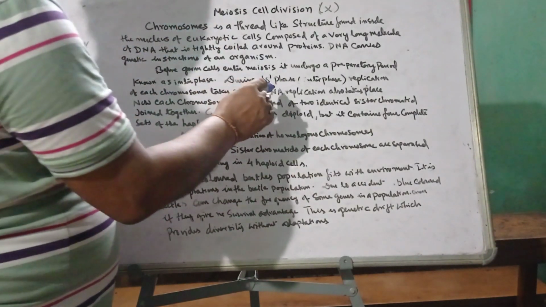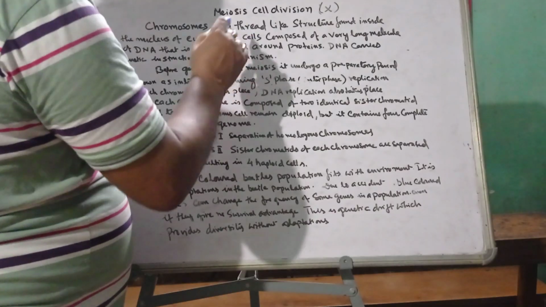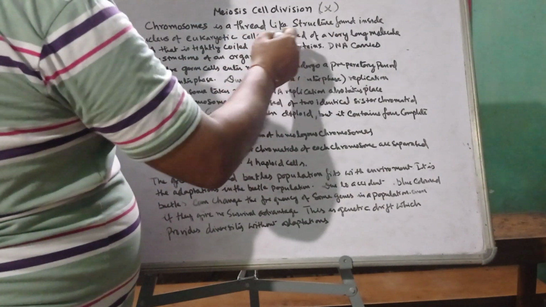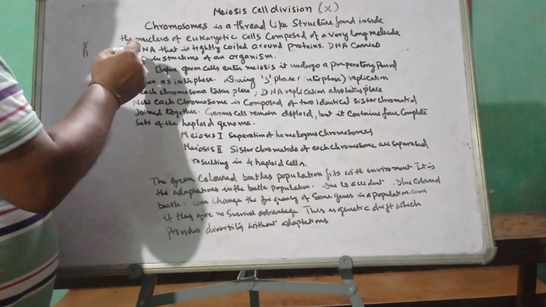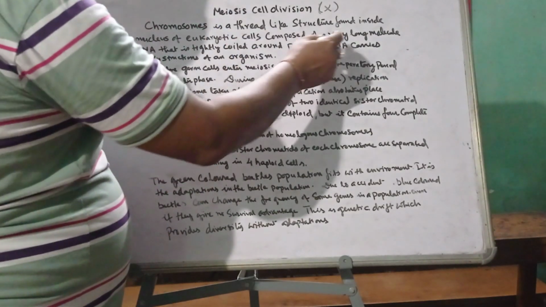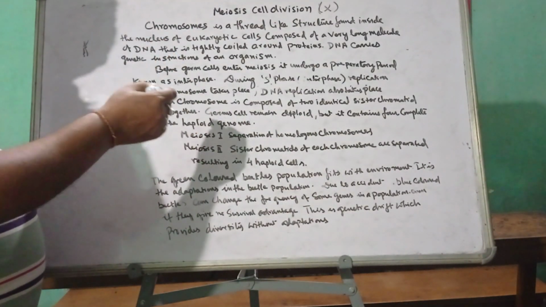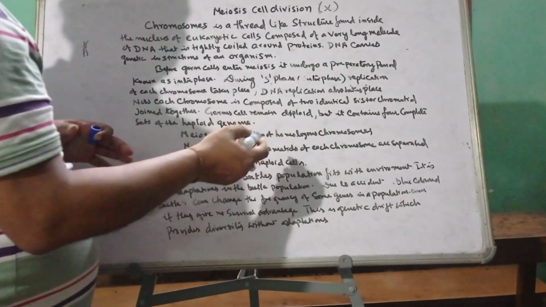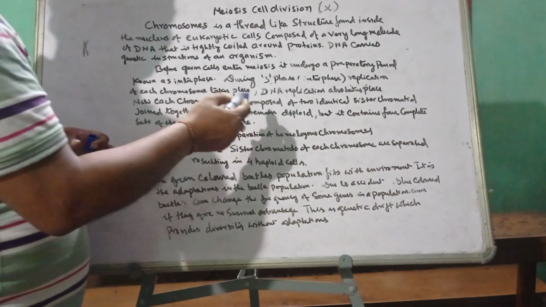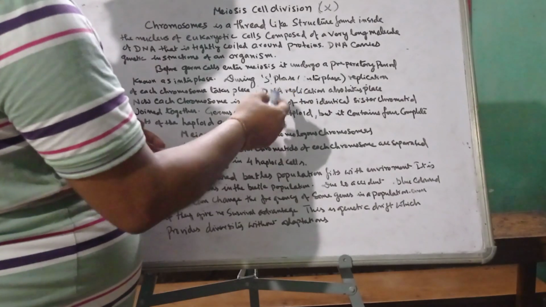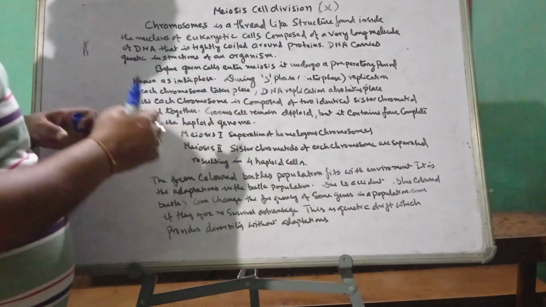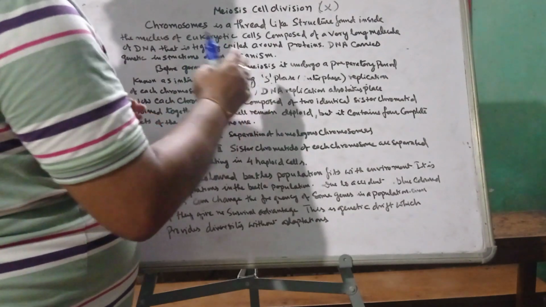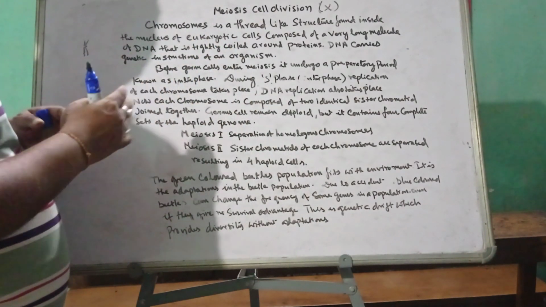I have already told you that the chromosome is composed of DNA molecules. That means DNA molecules are present in the chromosomes, and here the replication starts. That means the DNA tries to make an identical replica of itself.